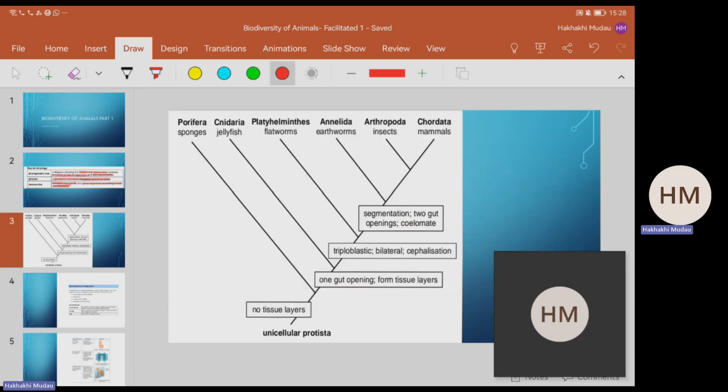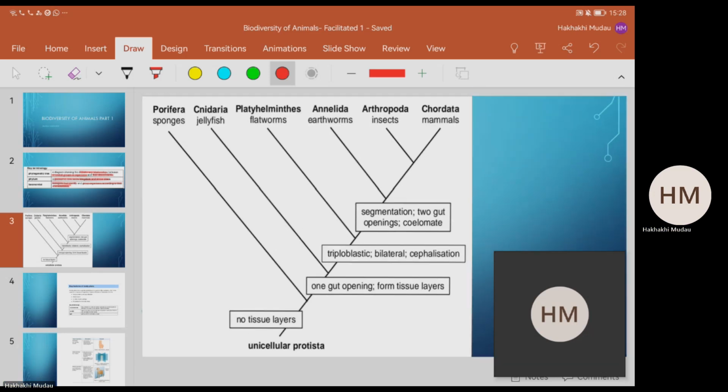So as you can see, we first start with a unicellular protista, and this unicellular protista has no tissue layers, right? And then we also develop what we call a sponge, the phylum Porifera, and the example is sponges.